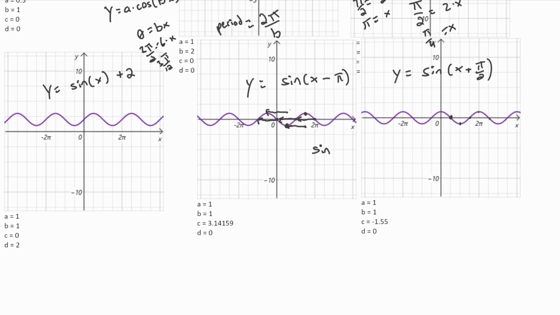So sine of x minus 3 pi over 2 is equal to the sine of x plus pi over 2, and it's also equal to the cosine of x.